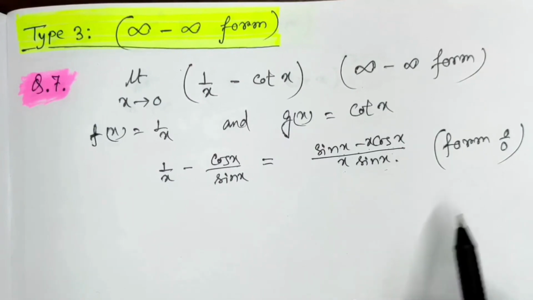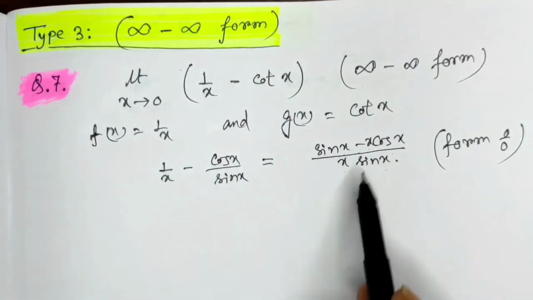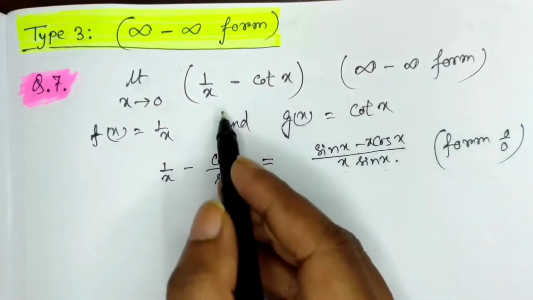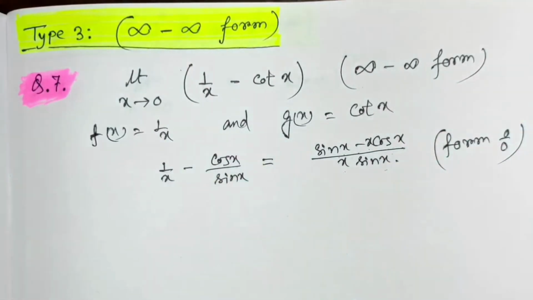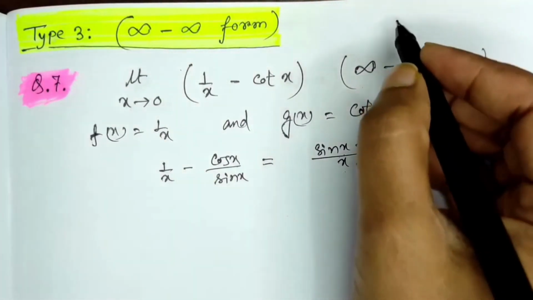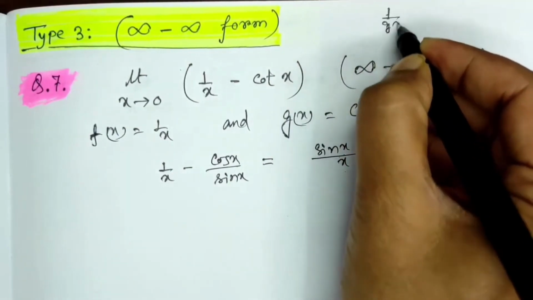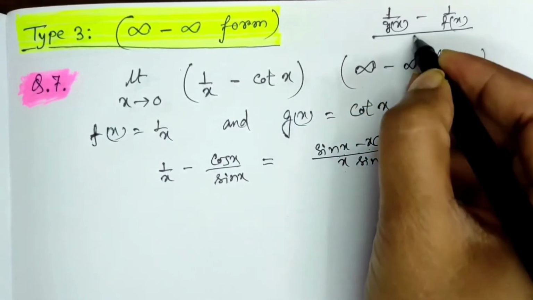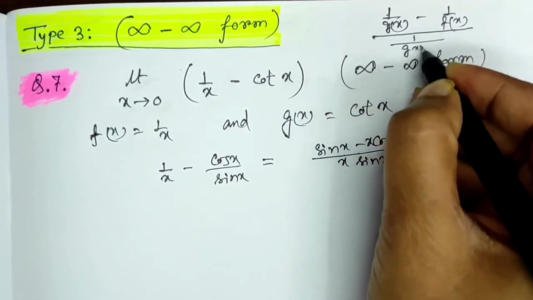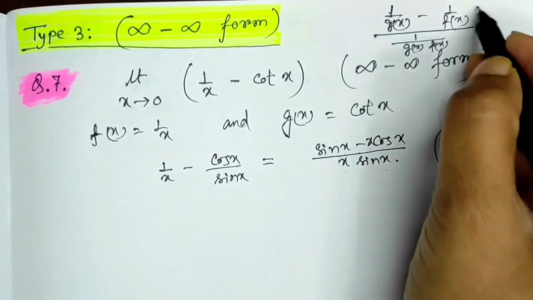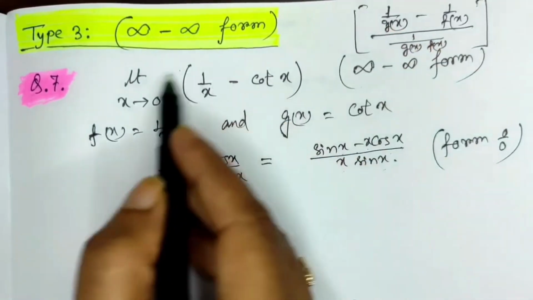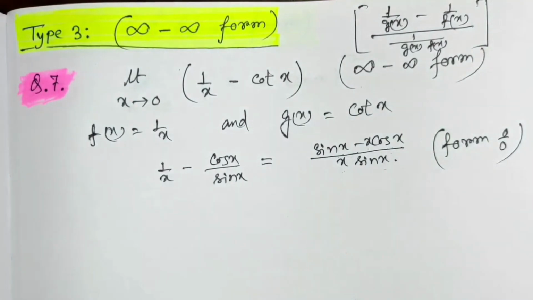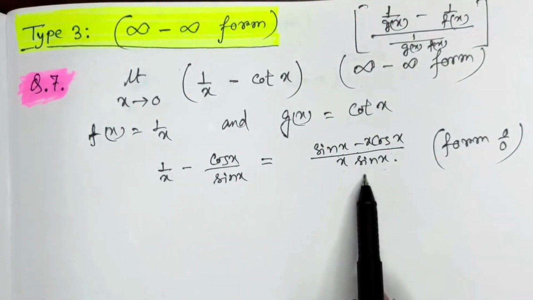But for generality I can say that if any function is in the form of infinity minus infinity, then we can always convert it into the 0 by 0 form, and the transformation is (1 by g(x) minus 1 by f(x)) divided by (1 upon g(x) into f(x)). This is the same as what we did here; you just evaluate and calculate, and we shall find the same thing I have written here.